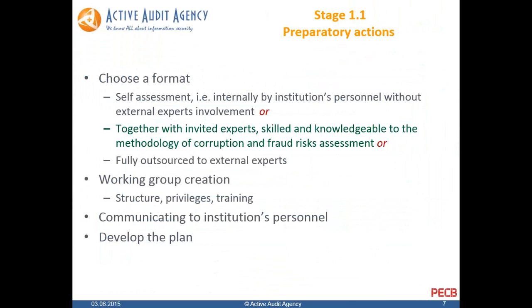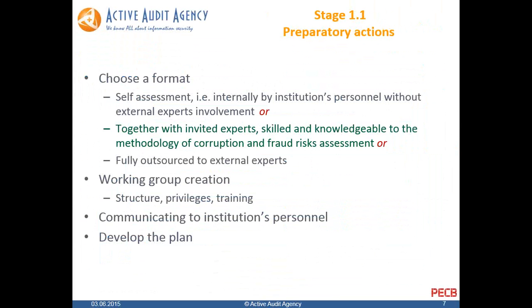Stage 1.1, preparatory action. On this stage, organization should choose a format of risk assessment process before they start this risk assessment. It could be self-assessment, when organization performs an assessment internally by persons of company without external experts.